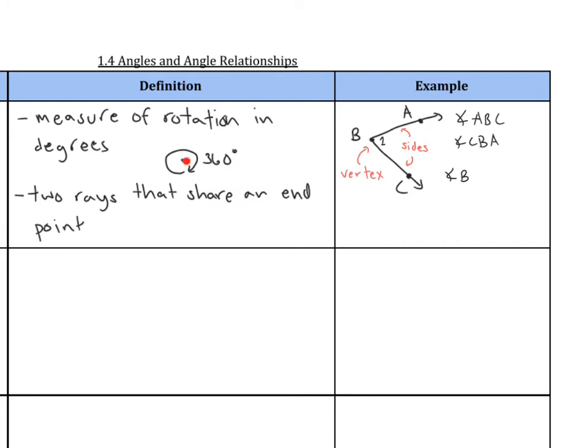Notice how back here I wrote 360 degrees with the little degree symbol on top of the number. If you see this degree symbol on the number on the inside, that represents the angle measure, not the name. So be careful when you see numbers on the inside. But because this is a number with no degree symbol, I can use this number to name my angle. So this angle can also be called angle 1.